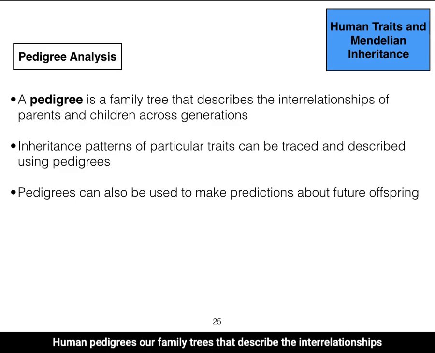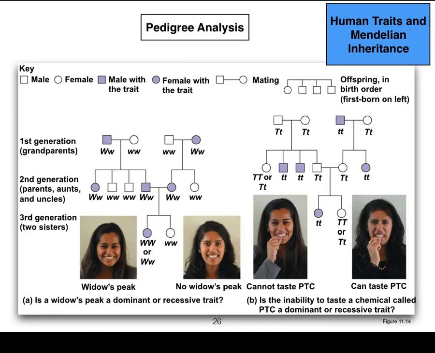Human pedigrees are family trees that describe the interrelationships of parents and children across generations. Inheritance patterns of particular traits and diseases can be traced and described within the pedigree. Pedigrees can also be used to make predictions about future offspring.